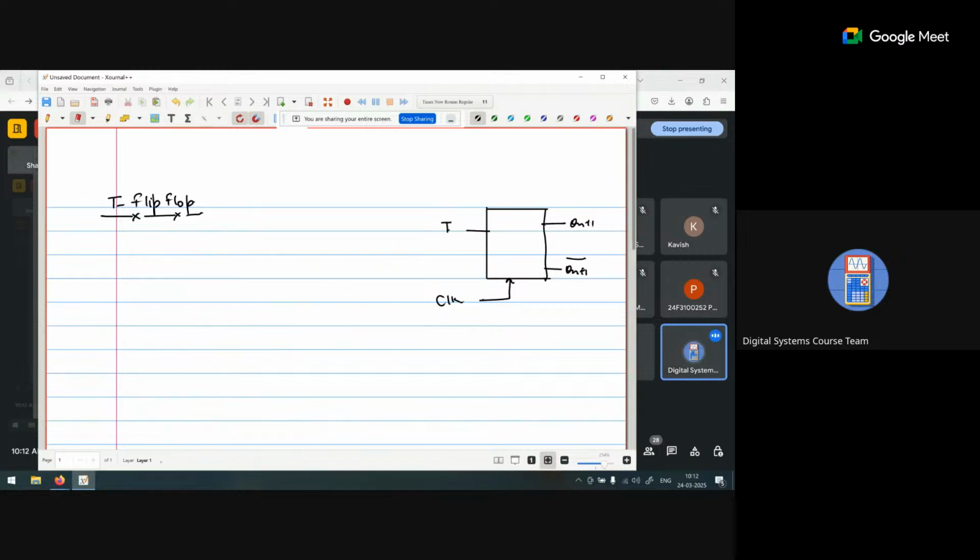So if T is equal to 0, considering the clock is always applied, my next state output will be equal to the present state. And when T is equal to 1, my next state output will be the toggle of the present state. So that's why it is called the toggle flip-flop.